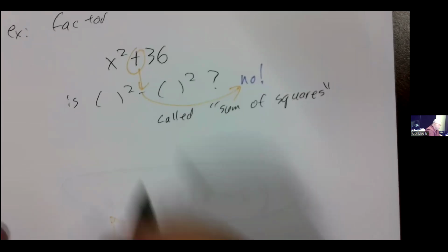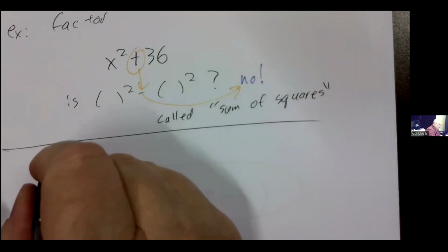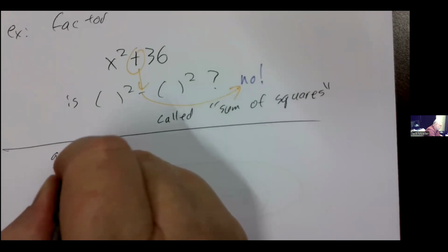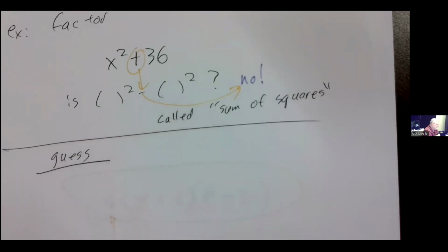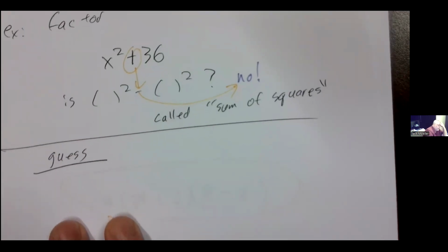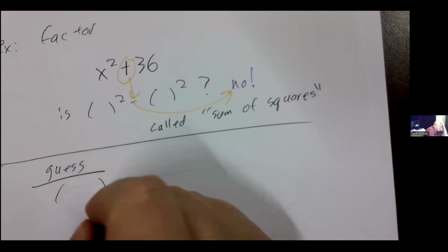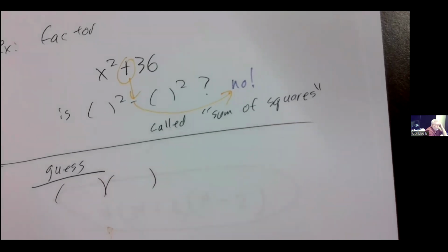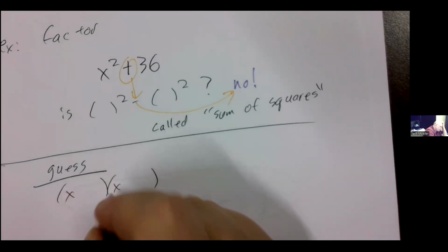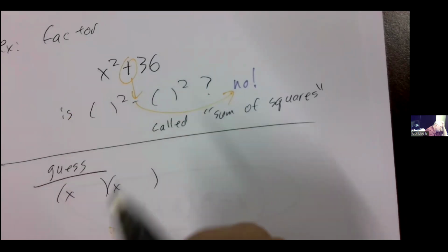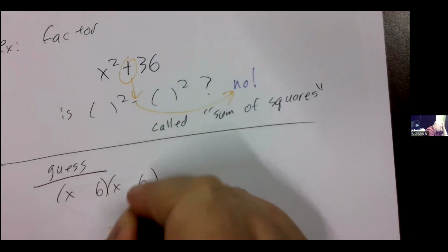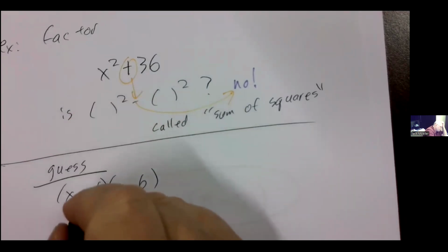All right, so let's do some common sense here. Let's go back to like reverse FOIL and let's make some guesses. So if you had to make a guess on how you would factor x squared plus 36, what would you want to try? Well, we know we need x and x. Well, we know 36 is 6 squared, so let's try the 6 and the 6. And then it's all positive.